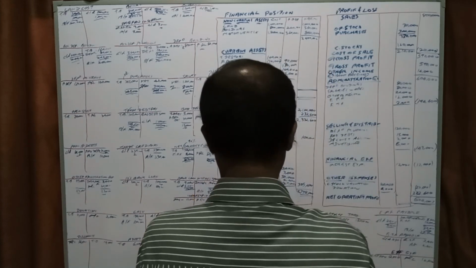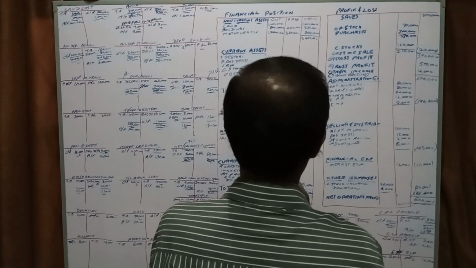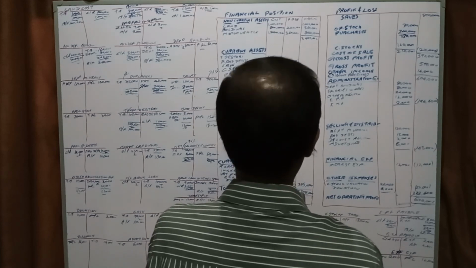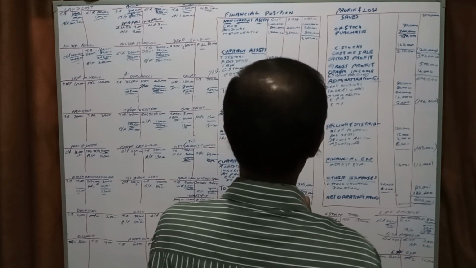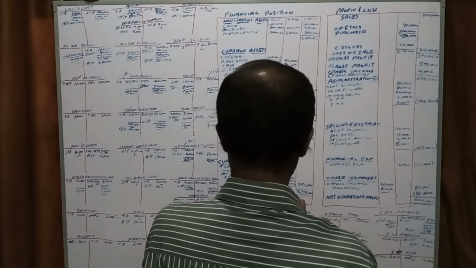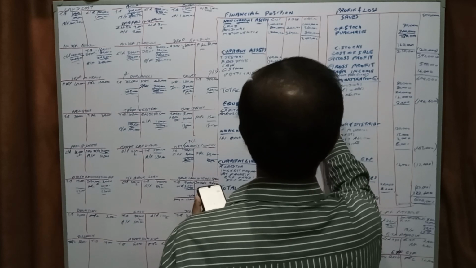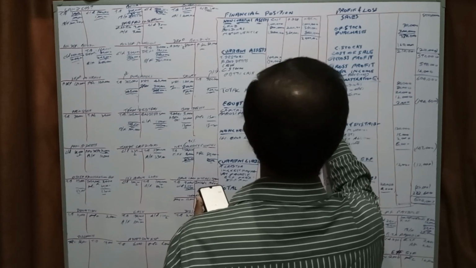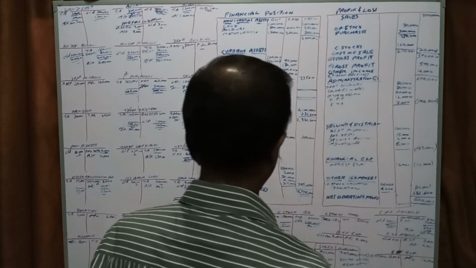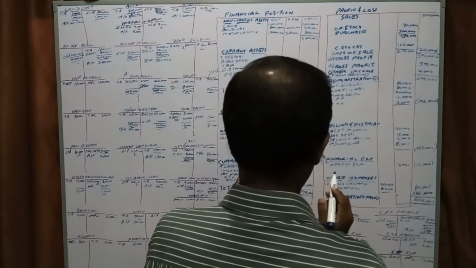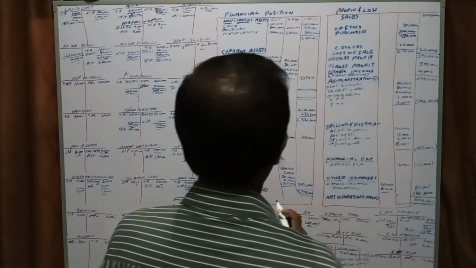Here 90,000 plus 130,000 plus 100,000 plus 15,000, 335,000, right?